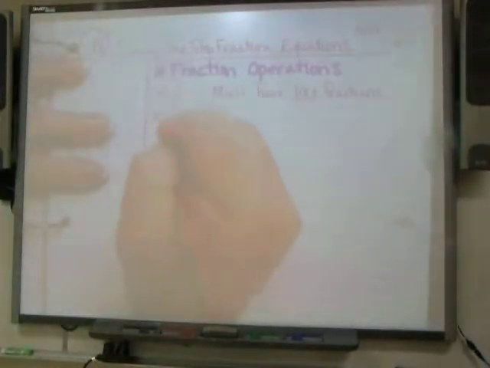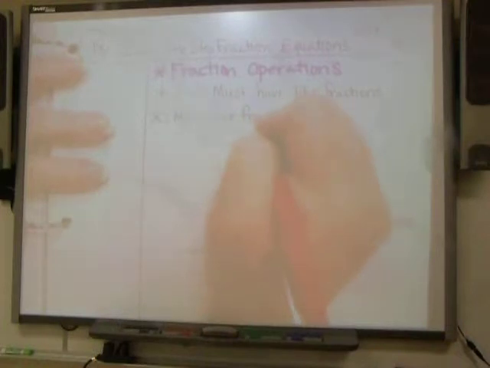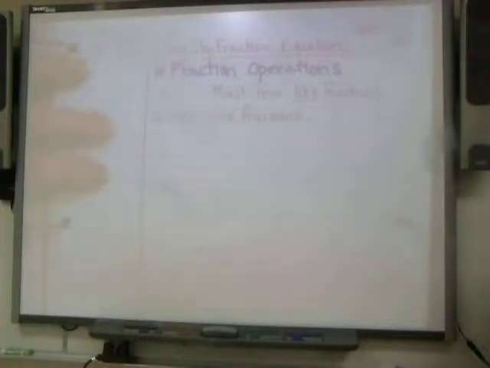When you were multiplying, you must have fractions. You can't multiply when you have whole numbers or mixed numbers. You have to have fractions. So if I had 12, then I would put a 1 under it and make it a fraction.